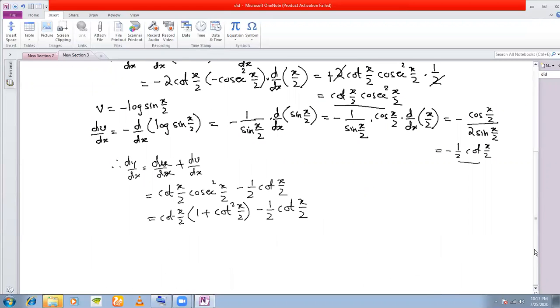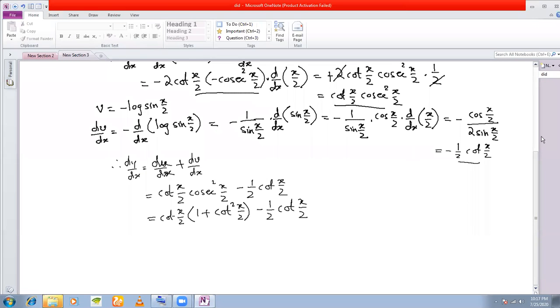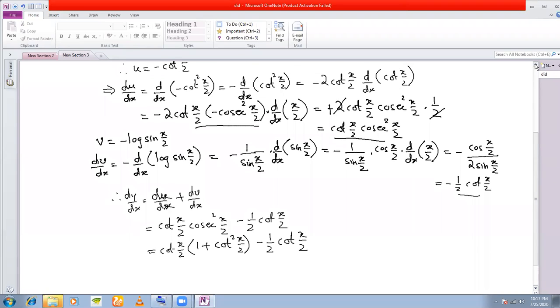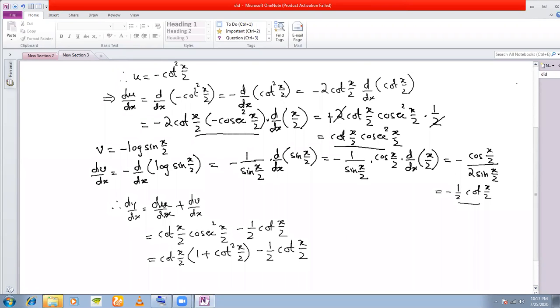Okay. Now the question is, have I missed out a 2 somewhere? Have I missed out a 2 here? Let me just see the differentiation. d dx of cot square x by 2 is minus 2 cot x by 2 into cosec square x by 2 into half.